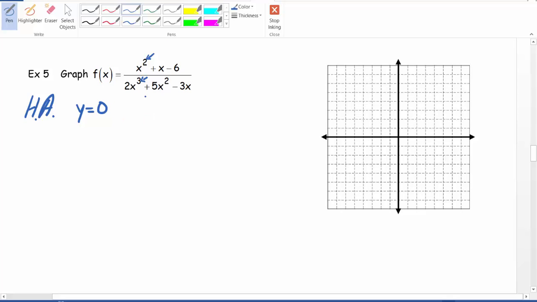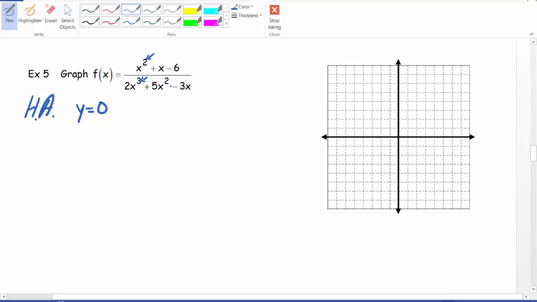Next, we can't really determine if there are any holes or vertical asymptotes. The horizontal asymptote is really the main item where we can just look at our original rational function and determine some things immediately. But for our vertical asymptote, we could end up with some potential holes there.